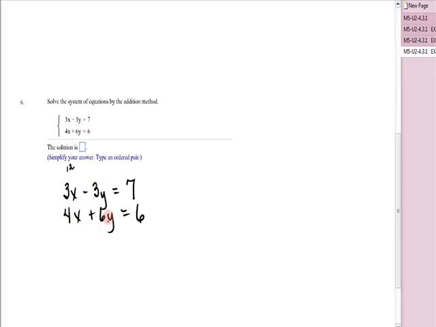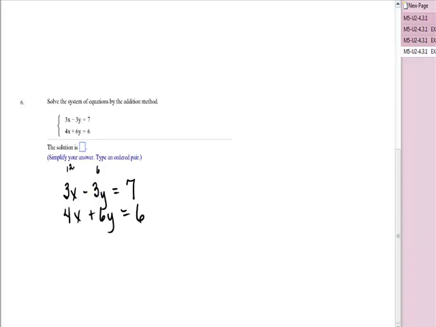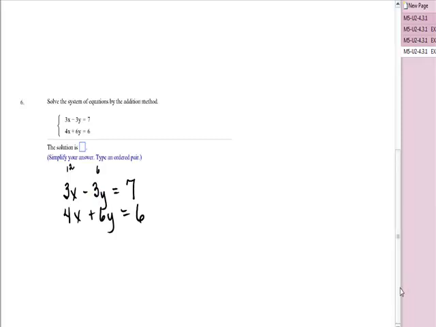Okay? Over here, the least common multiple is 6. If you said it was 18, 18 is a common multiple, but it's not the smallest one. It would be pretty easy to make this coefficient become a negative 6. So it will be easier to turn both of these into 6s.